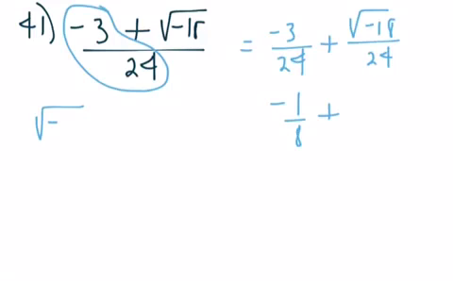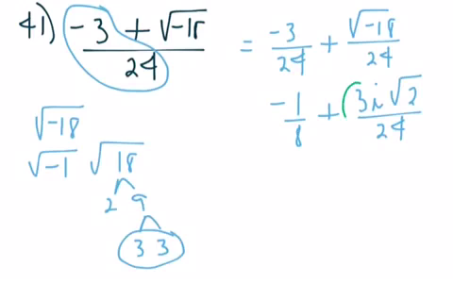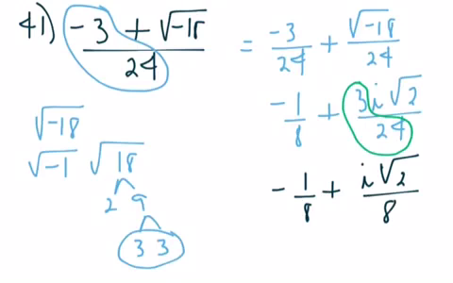When we do the square root of negative 18, that's the square root of negative 1 times the square root of 18, which is 2 times 9, which is 3 times 3. For every 2, we're going to take out 1. So that's 3i square root of 2 over 24. And if you'll notice, the 3 over the 24 will reduce. So that gives us negative 1/8 plus i square root of 2 over 8.